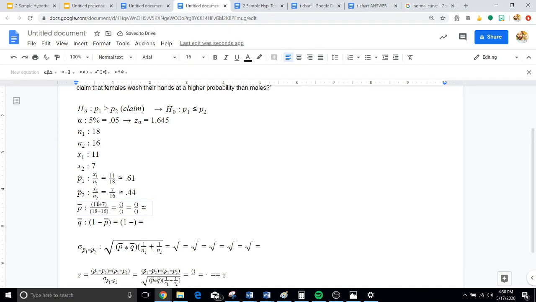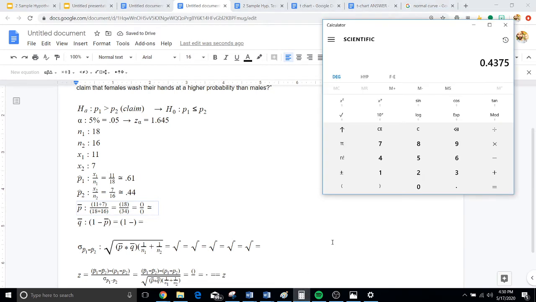This is pretty easy. 11 plus 7 is 18, so we can put 18 for the numerator. Denominator is going to be 18 plus 16, that's 34. And let's find out what 18 over 34 is. 18 divided by 34 will give us approximately 0.53.